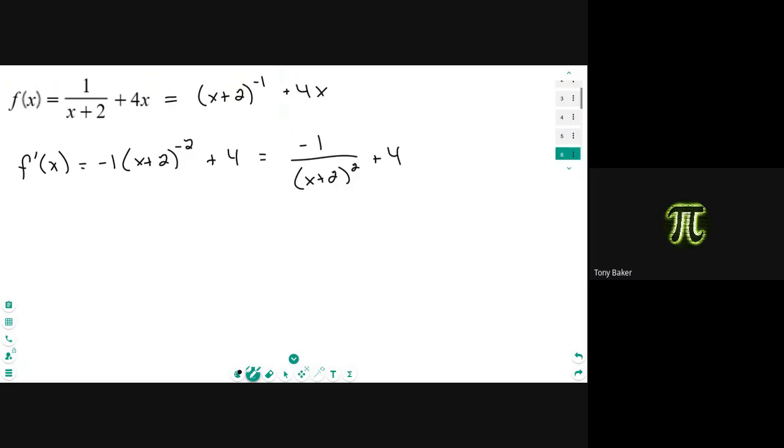All right. So we found our derivative. What's the next thing we got to do? Yep, find my critical numbers. So unfortunately, this one I don't have a top and a bottom. So I kind of have to do the whole problem.